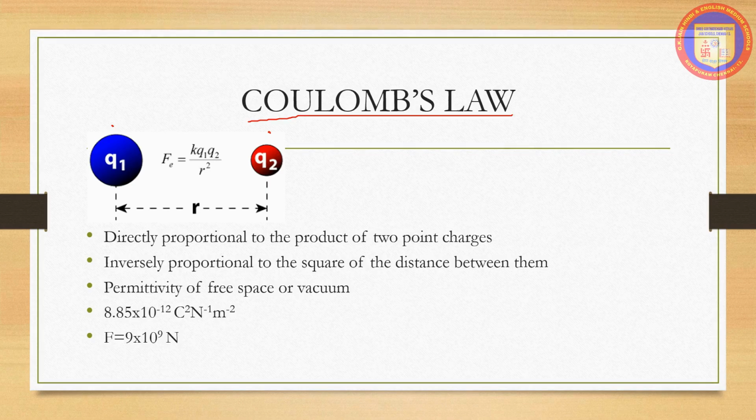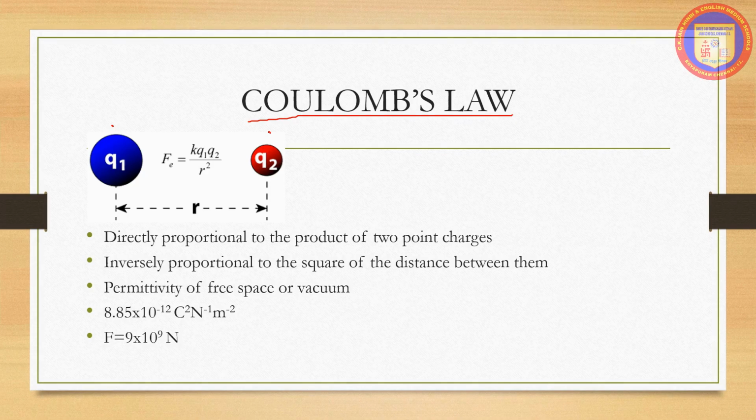The force on the charge Q2 exerted by the charge Q1 always lies along the line joining the two charges. r12 vector points from charge Q1 to Q2, and in the same way r21 vector points from charge Q2 to Q1. In SI units, K is equal to 1 by 4 pi epsilon naught and its value is 9 into 10 power 9 Newton meter square per Coulomb square.